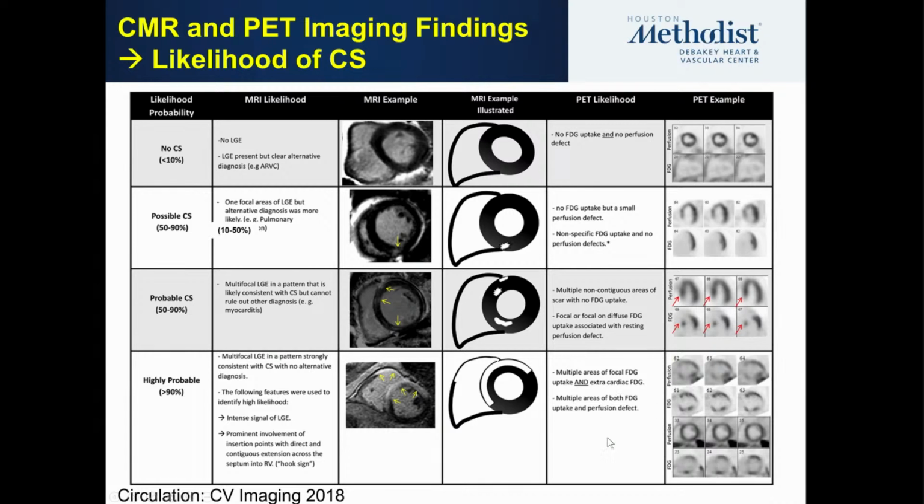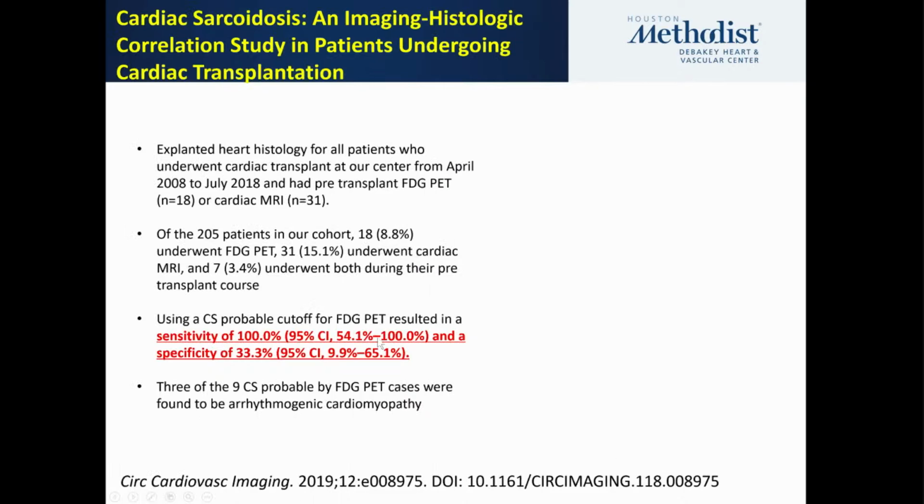And this pattern, when it was compared among those patients who went for transplant, and when they looked at those 18 patients who had their heart explanted, had a high sensitivity of nearly 100% for sarcoidosis. Now, specificity was less, and this is because a lot of these you can see also with inflammation. But when you see it very specific with the perfusion defect, that's very sensitive for detecting inflammation.